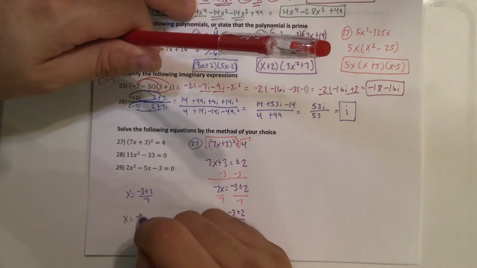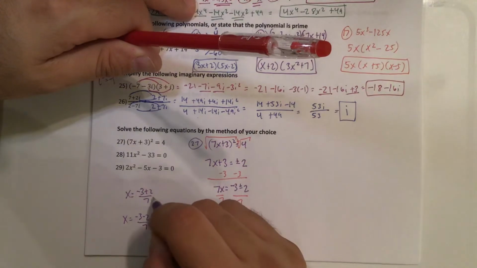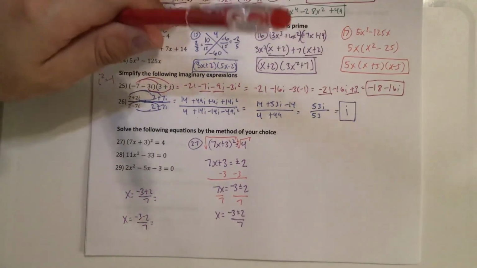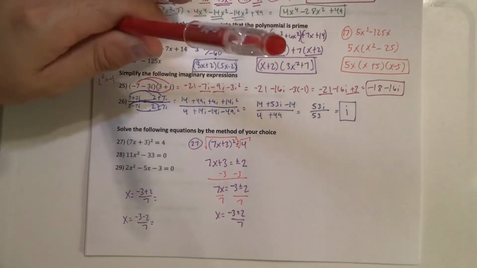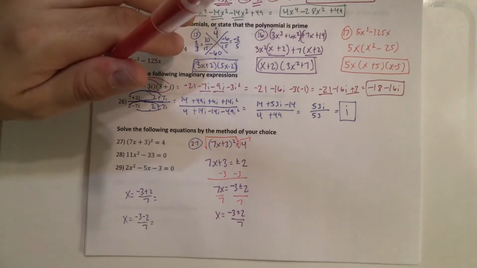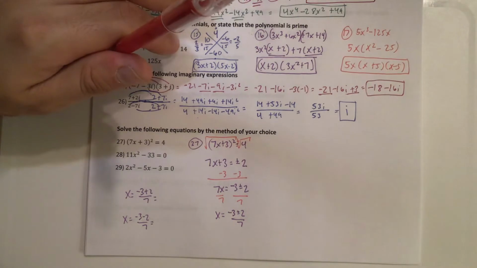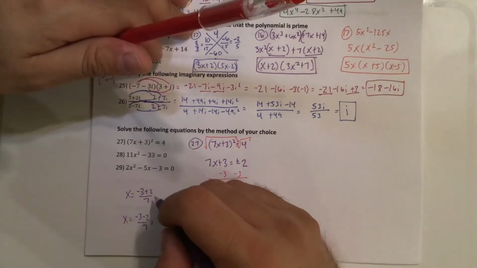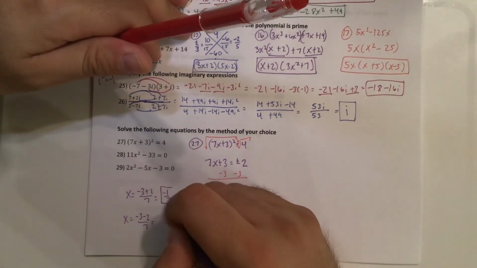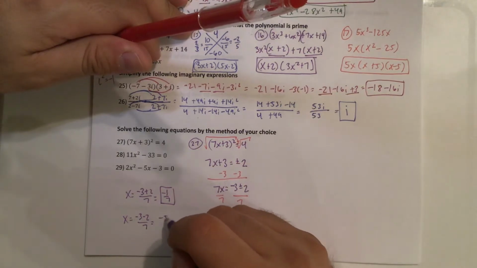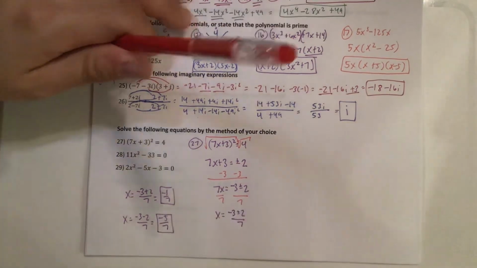And the second one is (-3 - 2) divided by 7. So negative 3 plus 2 is negative 1, so negative 1/7. Negative 3 minus 2 is negative 5 over 7, so negative 5/7.